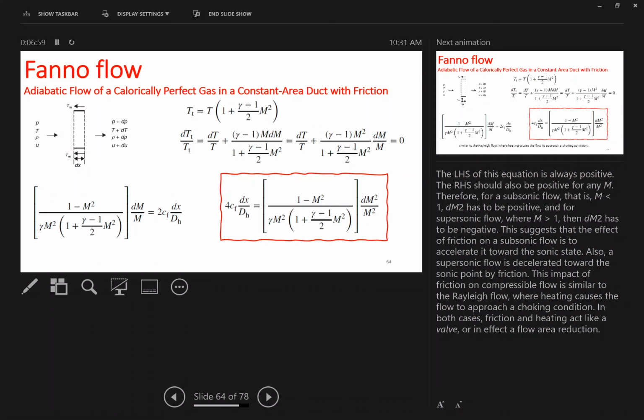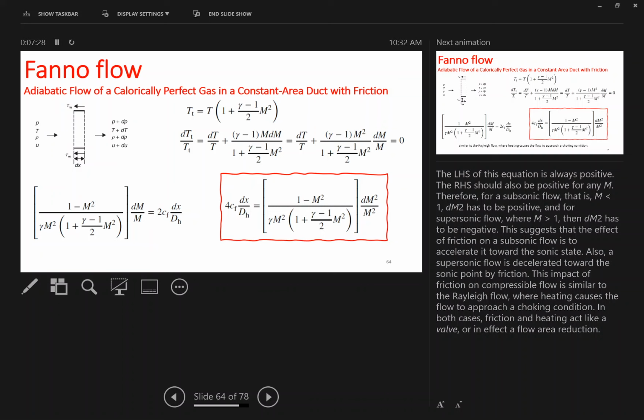So what does that mean for dM squared? Because the left-hand side is always going to be positive, right? So the right-hand side must always be positive as well. So what this means is that if your Mach number is smaller than 1, the numerator term is always positive, and the change in Mach number has to be positive as well.